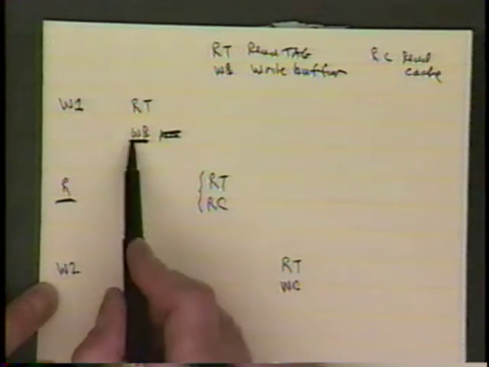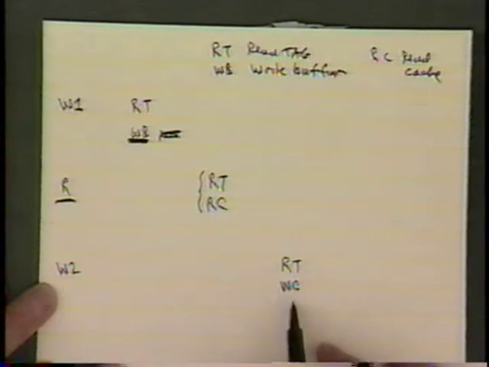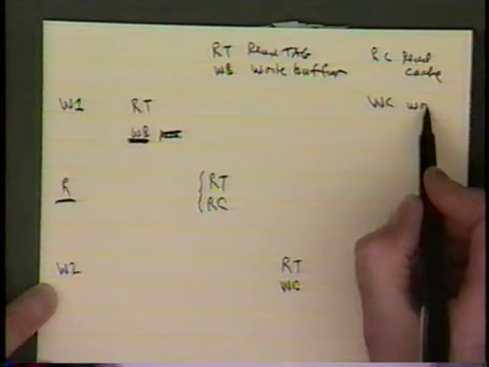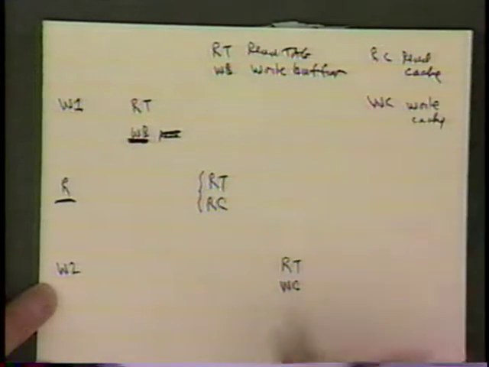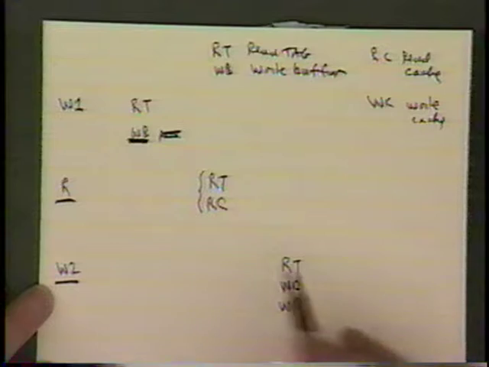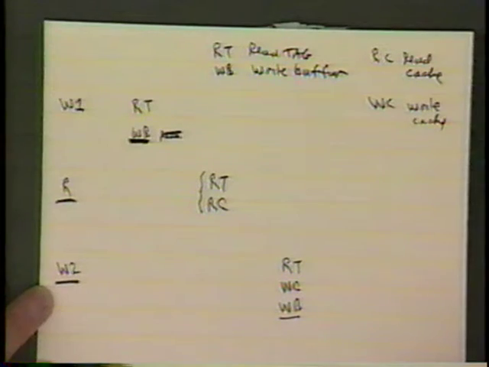I can take the data which is waiting in the buffer from this previous write and start writing it into the cache. So I've got another operation here, which is write cache. And at the same time, I write into the buffer. I buffer up the data which this write wants to put in the cache if it turns out the tag is a match for the next write cycle.